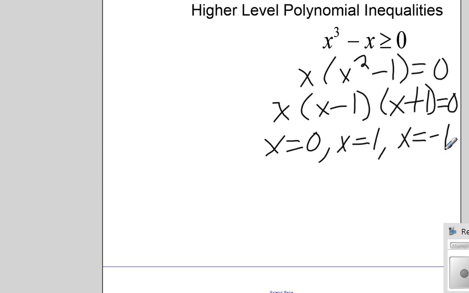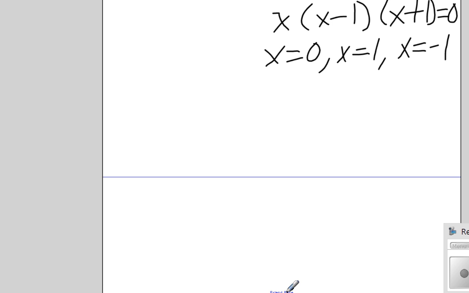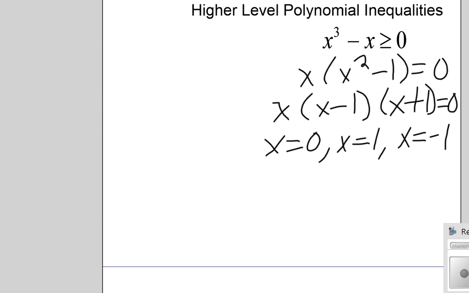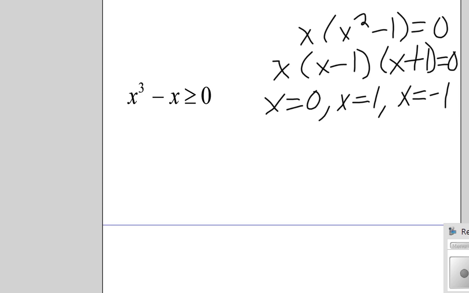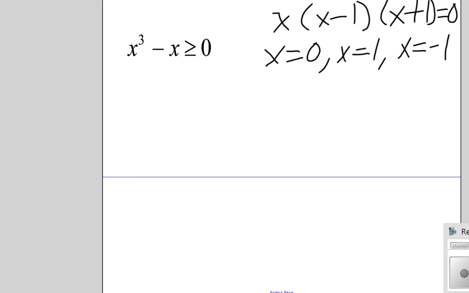Let me graph those 3 roots. Let me bring down my original problem to look at the graph. Okay, so I've got 0. Maybe I should make that red. 0.